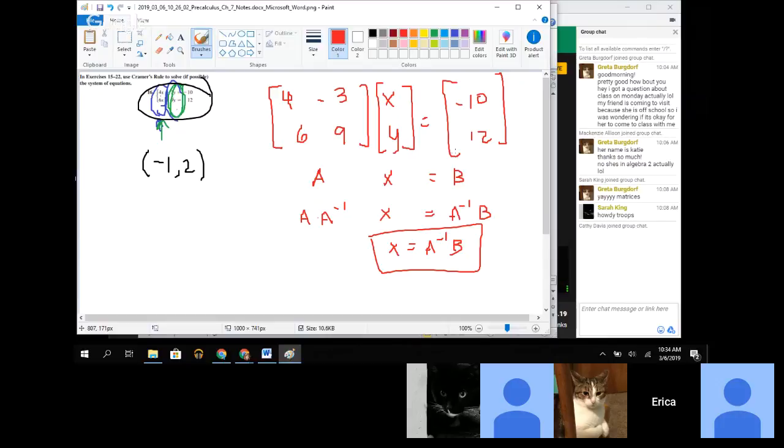It says use Cramer's rule to solve if possible. Maybe try one with Cramer's rule, but if you would like to solve it using this method, I'm okay too. So you could solve it with either method. Especially for number 21, I would recommend this method.